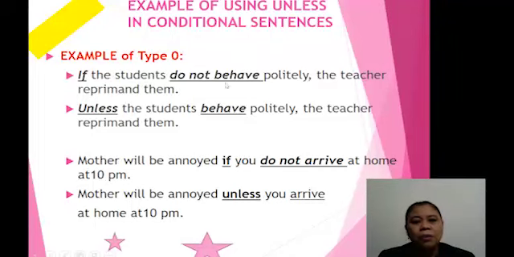If the students do not behave politely, the teacher reprimands them. How to make unless from the conditional if in the negative form? Firstly, we have to omit if and not, because unless itself is similar to if not. So omit them and then put unless.